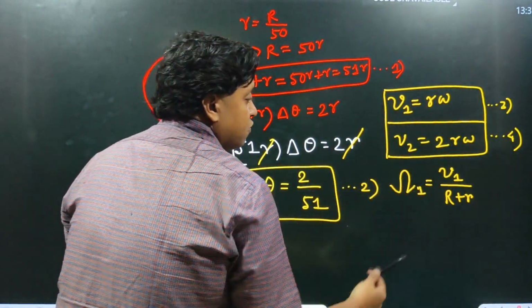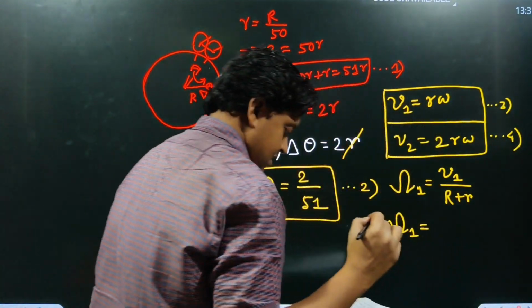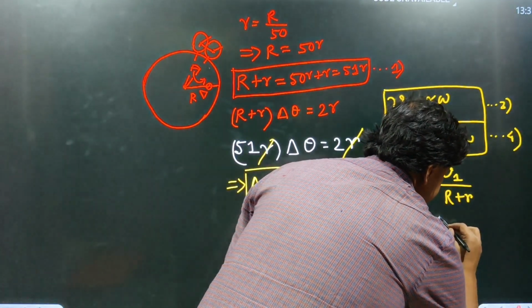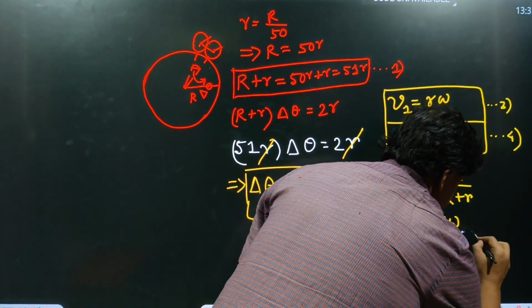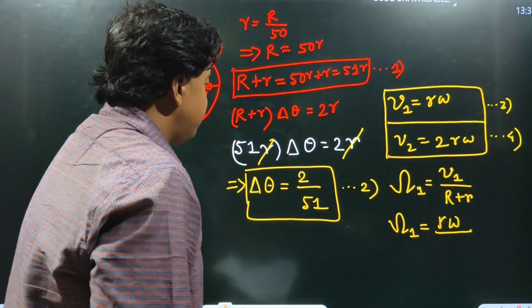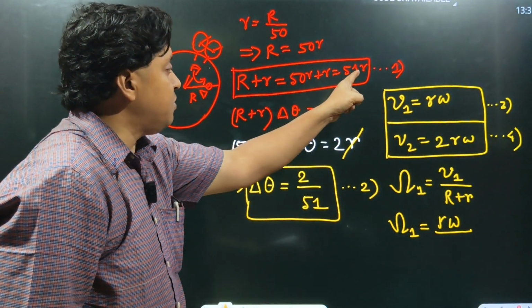This value of V1 is to be put over here. And we should also realize that capital R plus small r equals 51 times small r.